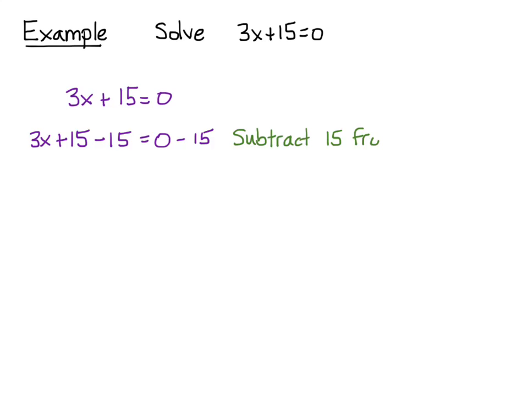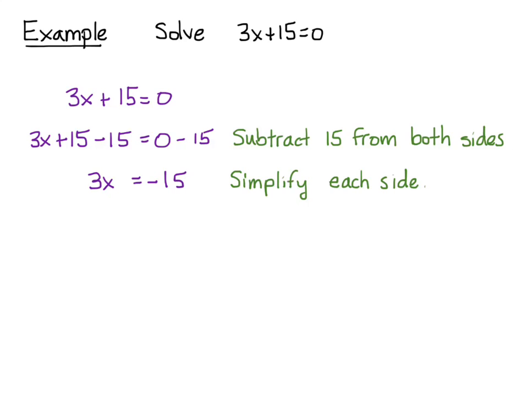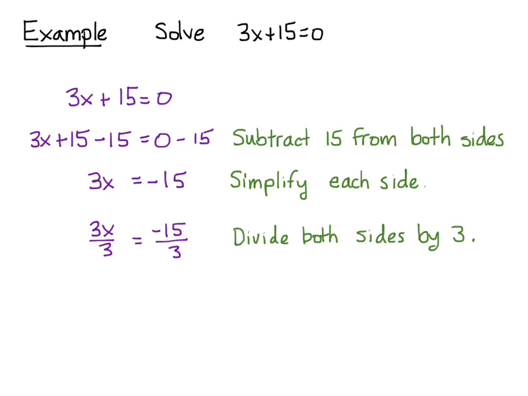And so that was one of our 4 rules. Next thing I'm going to do is simplify, and that was part of the 4 rules. That was the first rule. And then we're going to divide by 3. That was the 3rd rule.